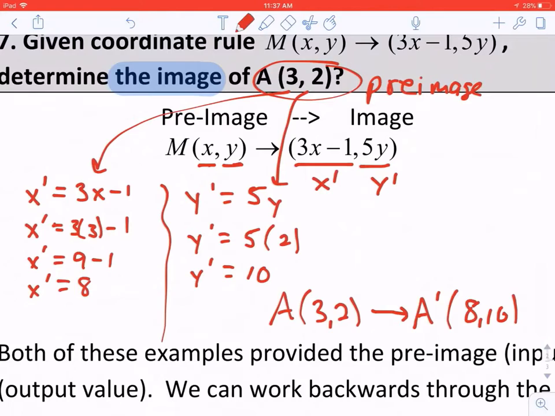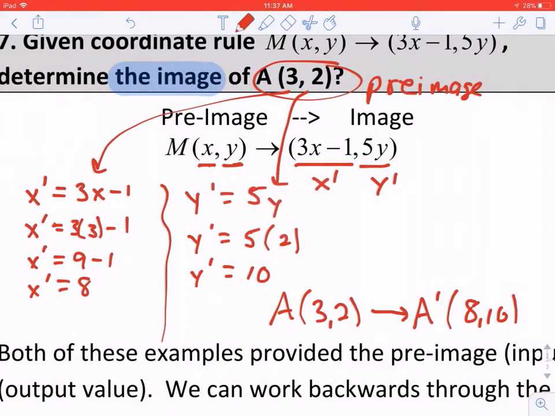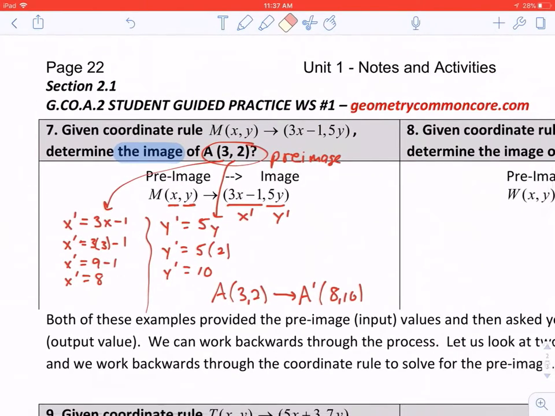Simply put, to make this abundantly clear, we put 3 times 3 is 9, minus 1 is 8. We took 5 times 2 and got 10. Preimage to image.